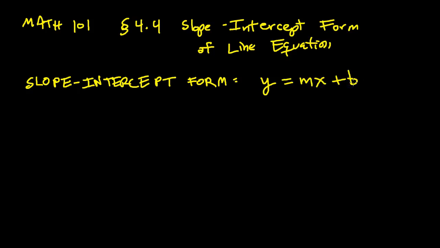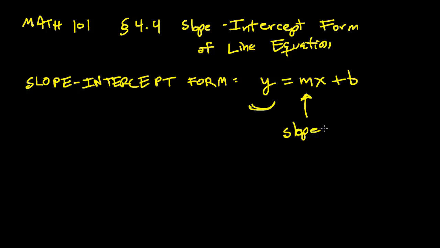Notice a couple of things in this slope-intercept form. Y is solved for in terms of x and other constants. So typically you get y on one side of the equation all by itself. And notice the x multiplier is really the slope of the line.